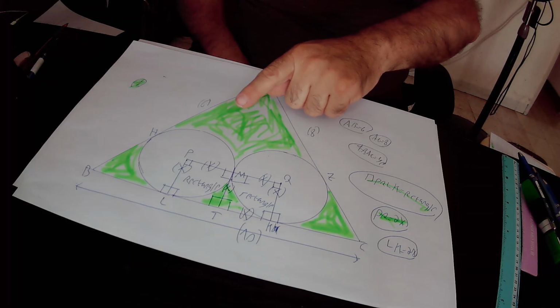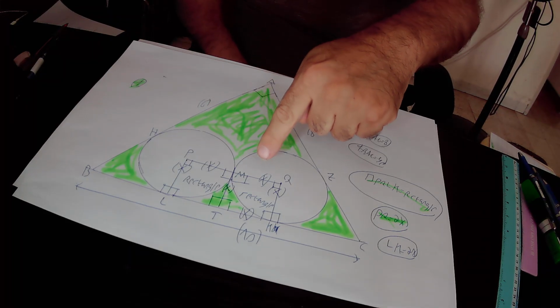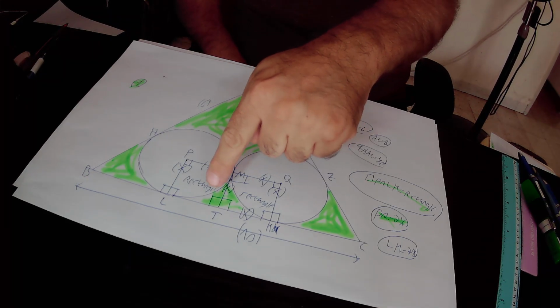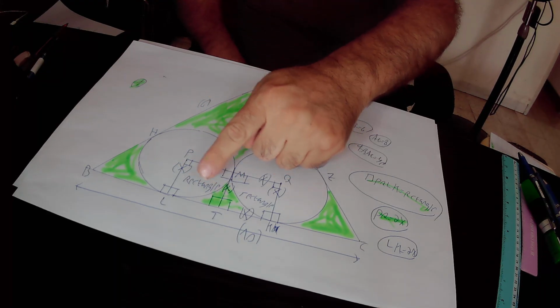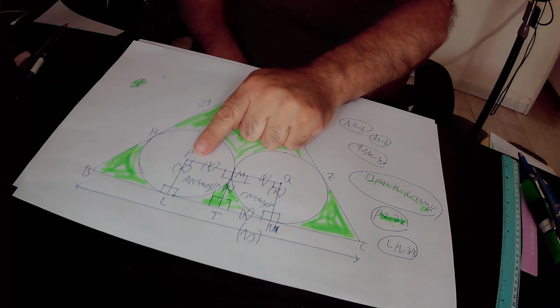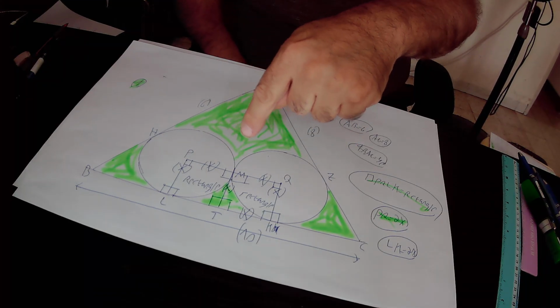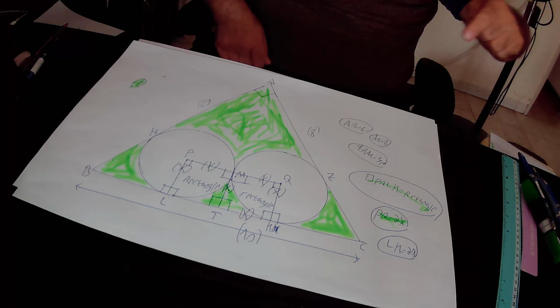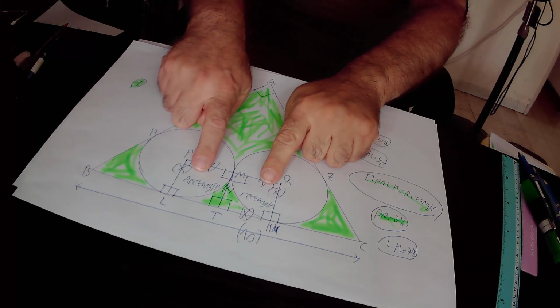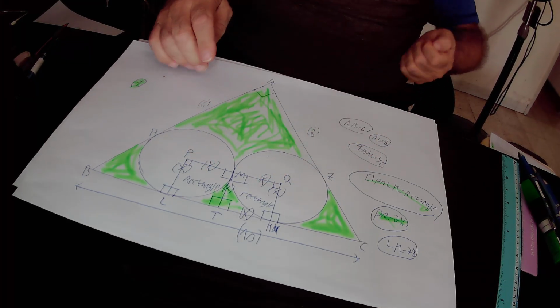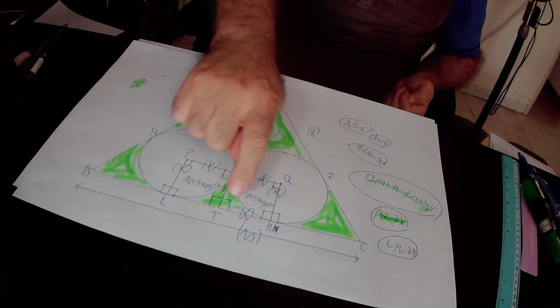Likewise, in this small quadrangle PMTL, we have 1, 2, 3 right angles, and therefore the fourth missing angle must be equal to 90 degrees. Therefore, quadrangle PMTL is a rectangle. So those two small quadrangles are both rectangles. What about the big quadrangle PQKL?